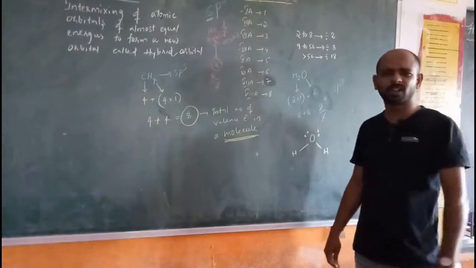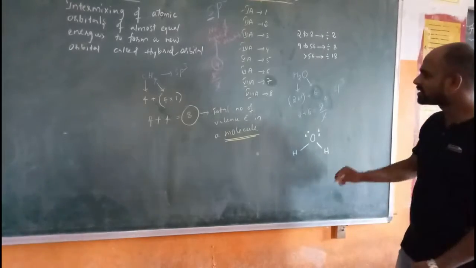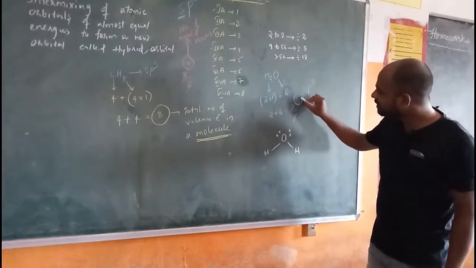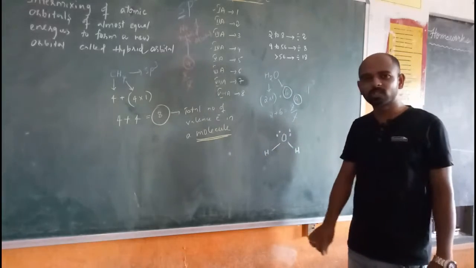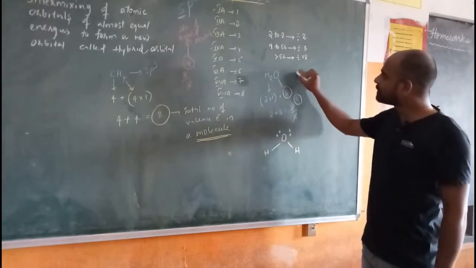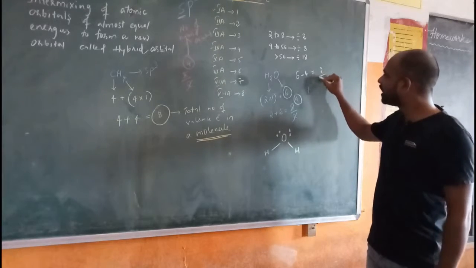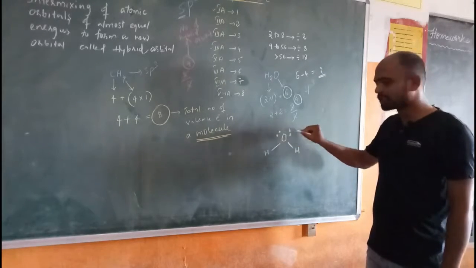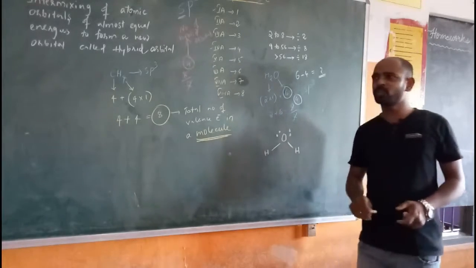We do nothing special or deviated from this shortcut. We have got the answer 4 here, and the central atom has 6 outermost electrons. So 6 minus 4 equals 2. So we have 2 lone pairs on the oxygen atom in a water molecule. This is a very simple shortcut.